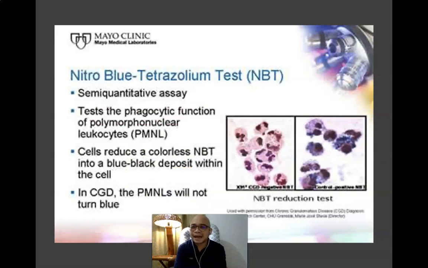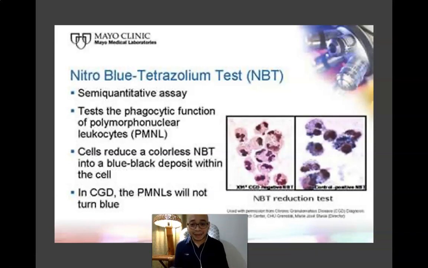The nitroblue tetrazolium test, or NBT test, is a semi-quantitative assay, and its main objective is to evaluate the phagocytic function of the PMNLs, or neutrophils. Cells that have enough granules and enough myeloperoxidase enzyme can reduce the colorless NBT into a blue-black deposit within the cell. Okay?